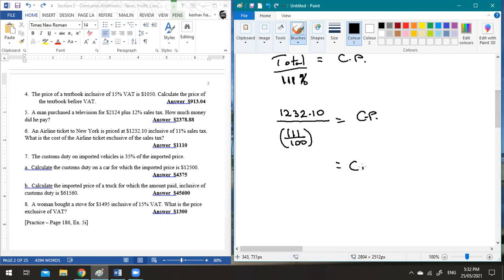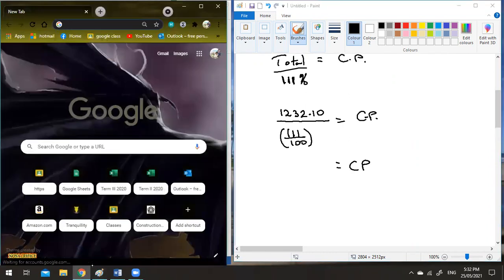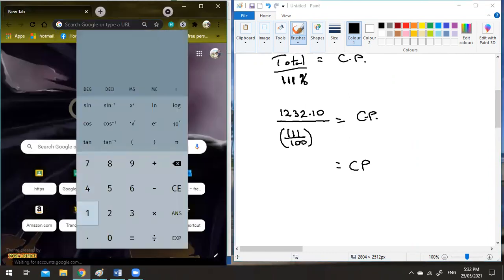So the cost price will be equal to 1232.10. Now we're going to divide, because it has working to do, put it in a bracket. 111 divided by 100, equal.